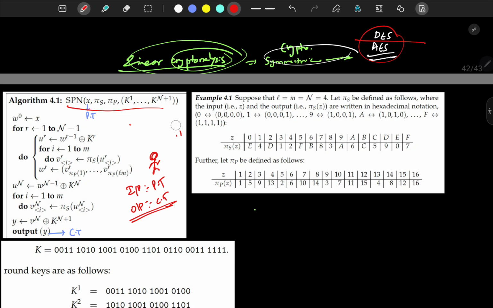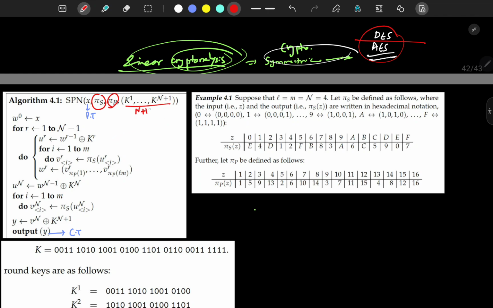For this, the input x will be the plain text, S means the S-box function. I will explain the S-box function again if you haven't learned it. This is the P-box, the permutation box, and these are our round keys, n plus 1.